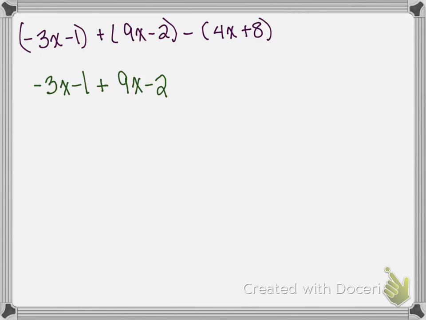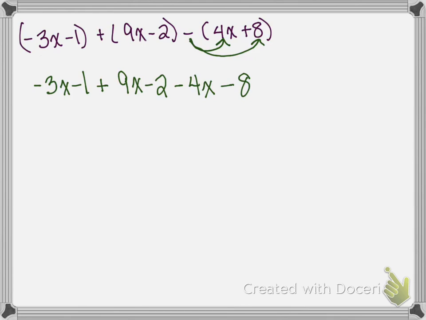I have just dropped the parentheses. That's all I've done. For my last binomial, I have a subtraction sign in front of it. So I've got to give that minus sign to the 4x, and I've got to give the minus sign to the x. So I have minus 4x minus 8.